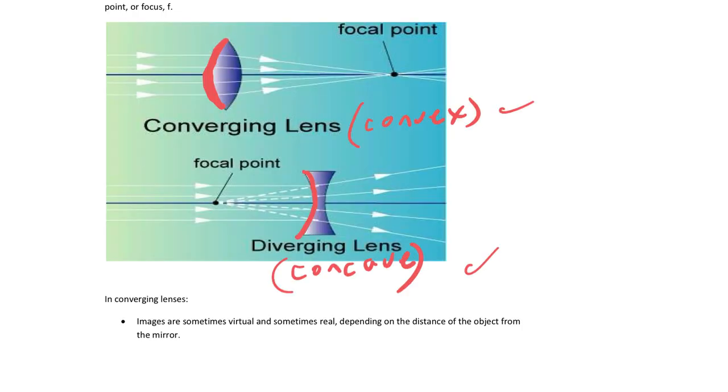So, okay, you can see in this picture that parallel rays on the left side of the converging lens right here will converge at what we call the focal point. And for diverging lenses, parallel rays will diverge from the focal point. As you see, diverging means spreading apart, as you can see over in this picture.